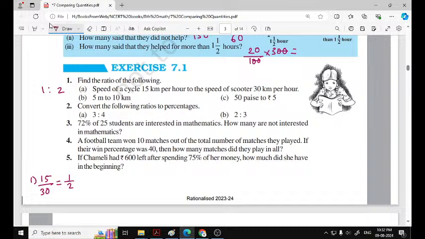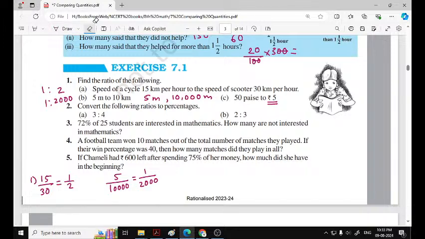Before we find their ratio, we have to convert them to the same units. We have to convert these 10 kilometers to meters. This is 10,000 meters. Now we can take the ratio of 5 and 10,000. That is 1 upon 2000. So this ratio is 1:2000. Similarly, convert this in paise and get the ratio.